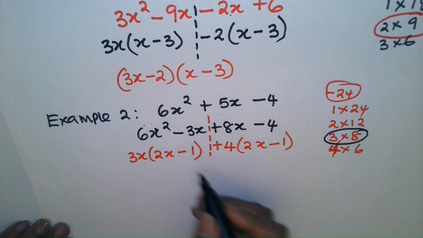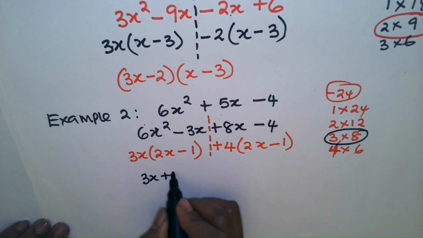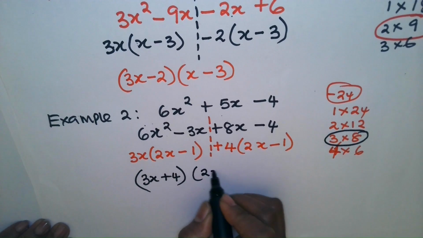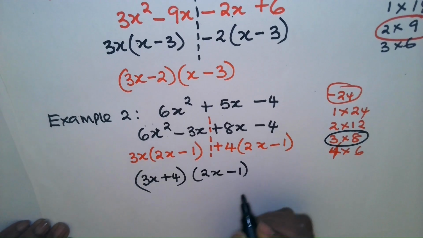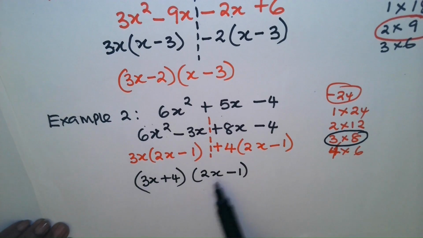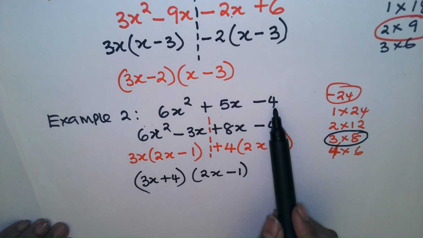Now it's time to reveal the answer. So we've got 3x plus 4 in bracket, and then we've got 2x minus 1 in bracket. When you try to expand these two brackets, it will give you this.